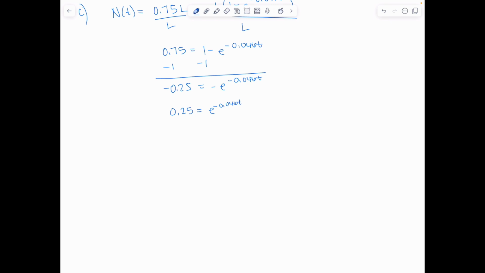We'll take the natural log. So we have natural log of 0.25 equals negative 0.046 times t. Divide by negative 0.046. And we have t is about 30.1.